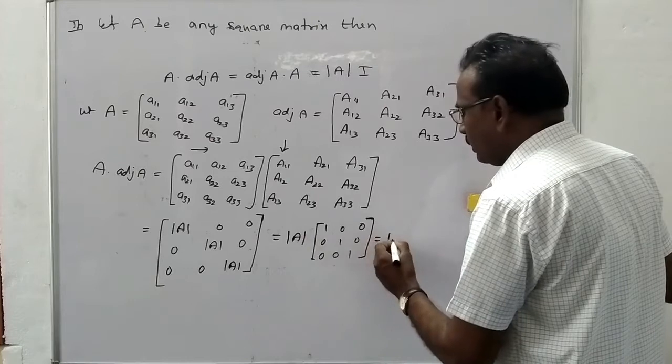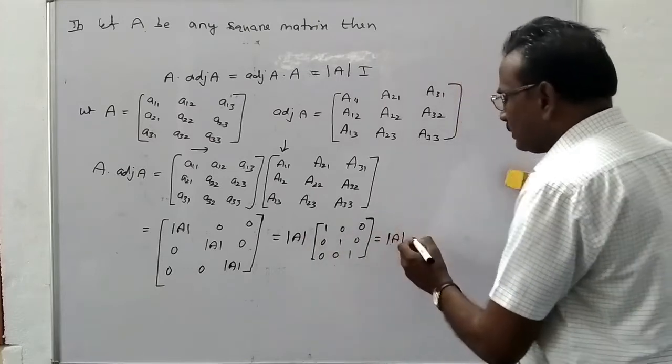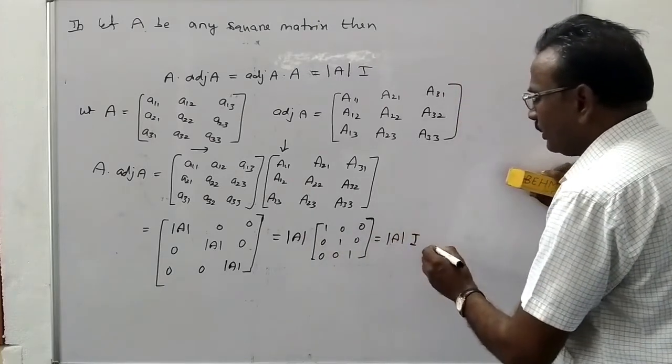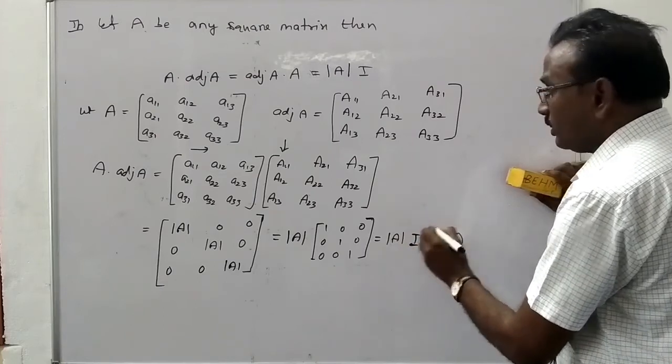So that is determinant of A into the identity matrix of order 3, denoted by capital I. So this is equation 1.